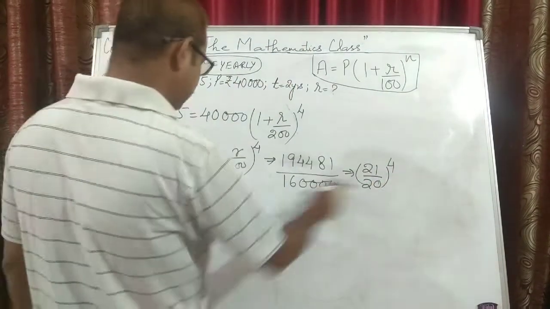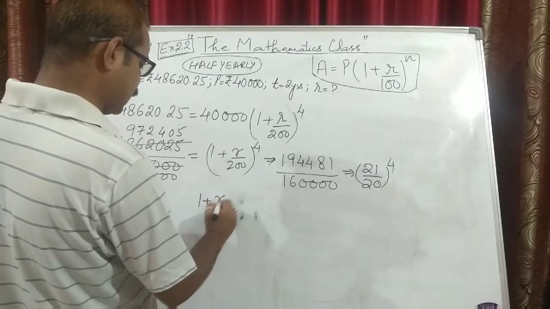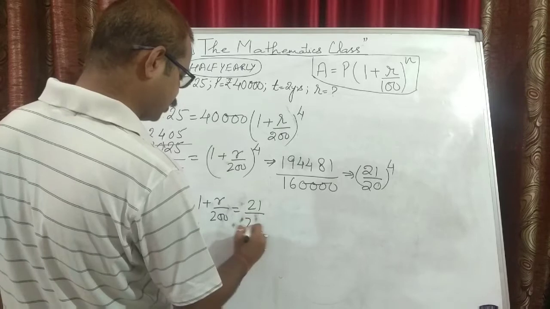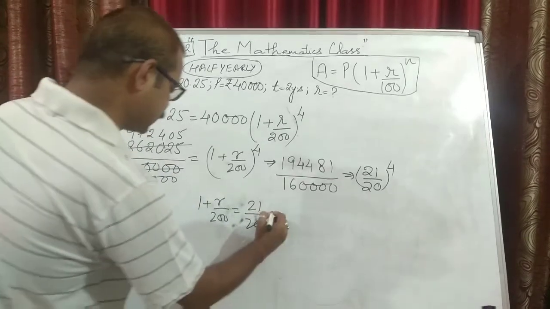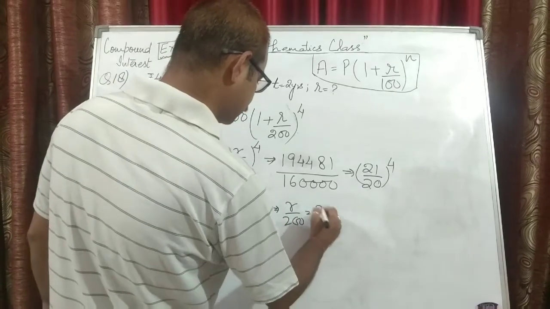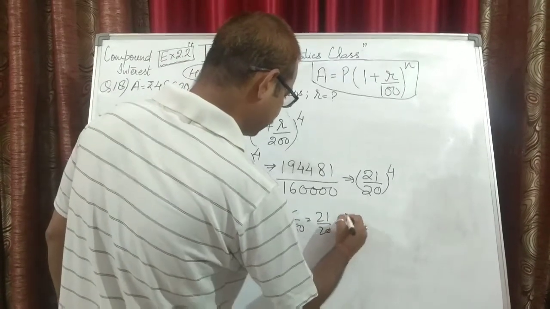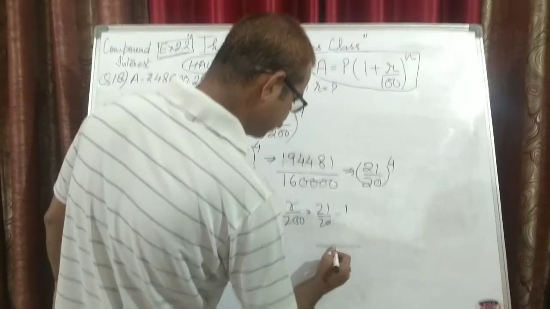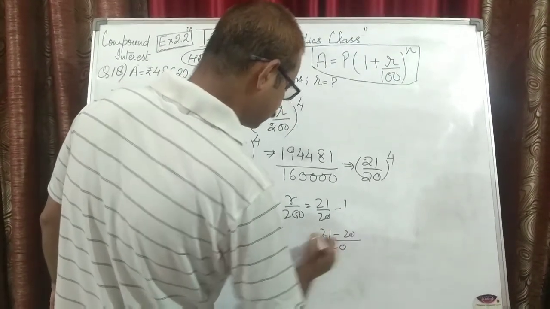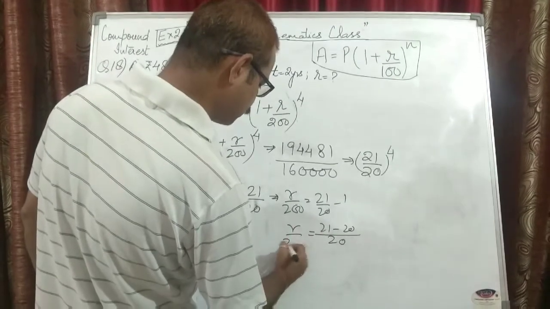Now when you compare them, 1 plus R upon 200 is equal to 21 upon 20. This goes to that side, implies that R upon 200 is equal to 21 upon 20 minus 1. LCM is 20, so it becomes (21 minus 20) upon 20.